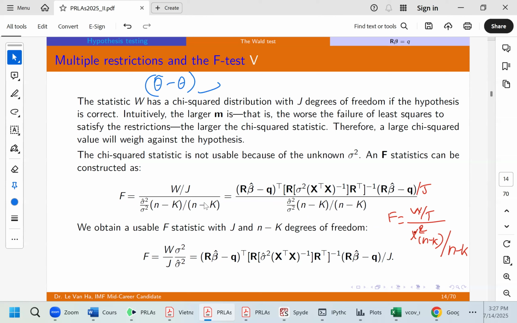Let's say you have a variance covariance matrix omega. If they are pretty close, the difference is just random, then this will follow a chi-square. If they are systematically different, this will be large and will not follow it. That's the idea of the Wald test.